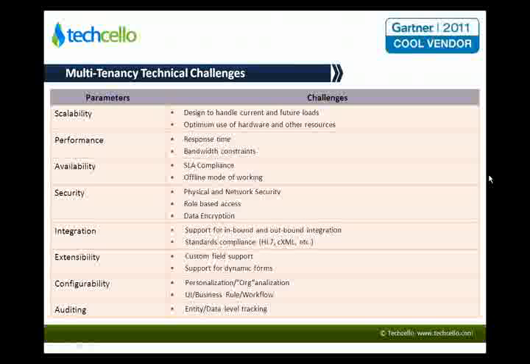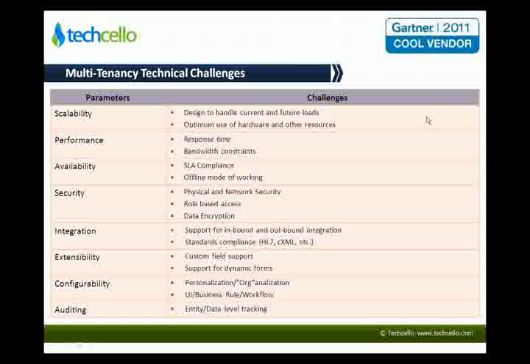Talking about scalability: we also saw that SaaS is all about a volume game. You become more profitable as you keep adding more customers and more users to it. And the very nature of multi-tenancy means that you have to support all these customers and all these users from a single running instance.